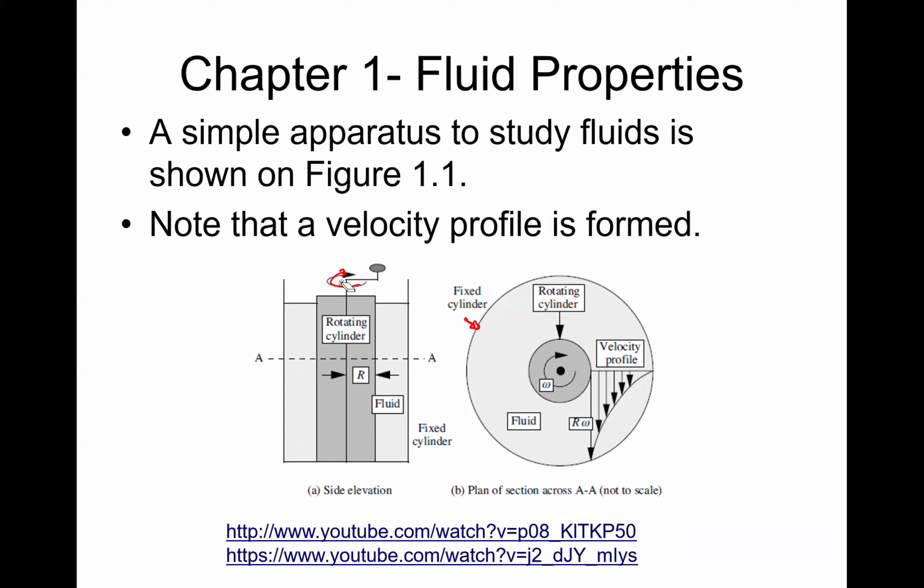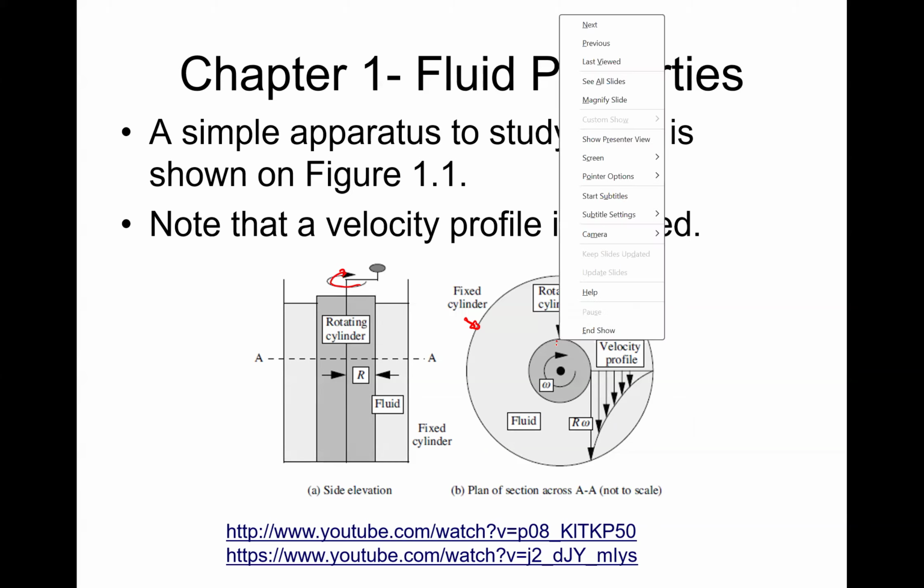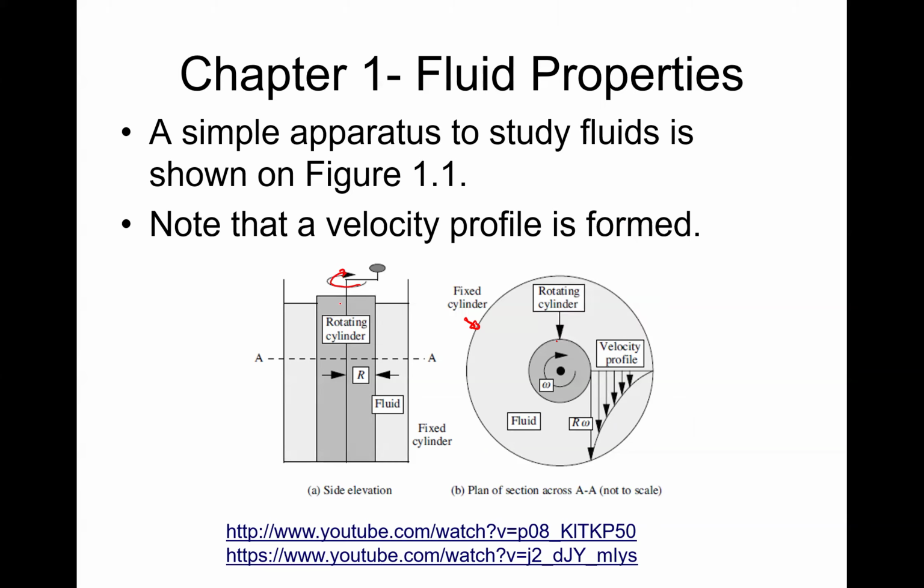So you will see in this figure here, I put below some YouTube videos that will show you this experiment of the rotating cylinder. It is basically an apparatus that is used to show what we call the no-slip condition. What happens is that you have a rotating cylinder in the center, and this rotating cylinder is actually turned by hand most of the time. So you have this handle here that allows you to rotate the cylinder.